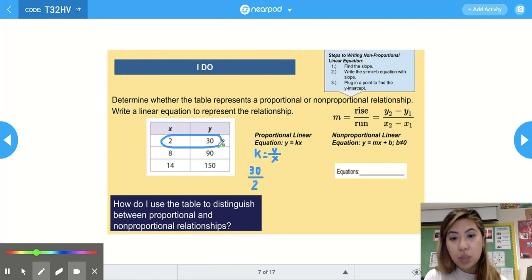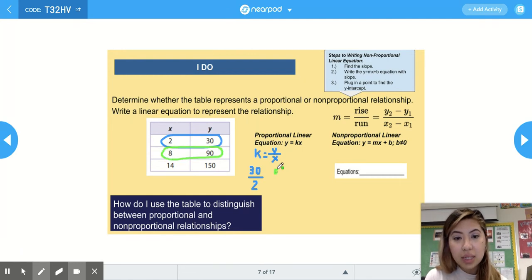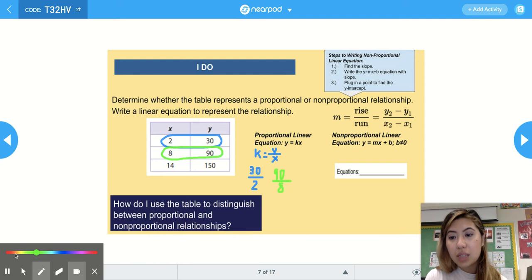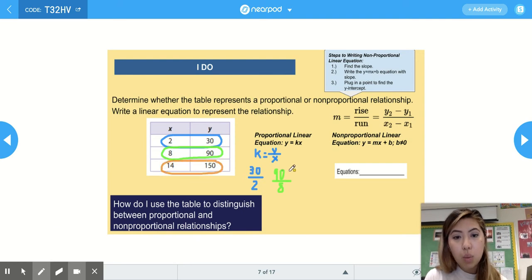Then for our next point, our y value is 90. Our x value is 8. And then for our last point, our y value is 150. And our x value is 14.